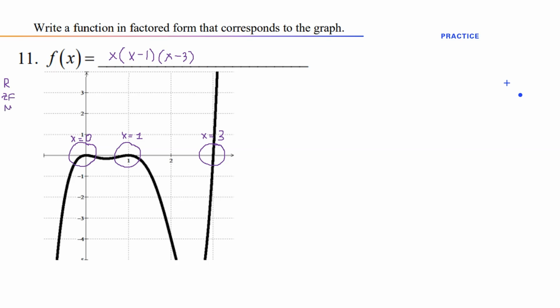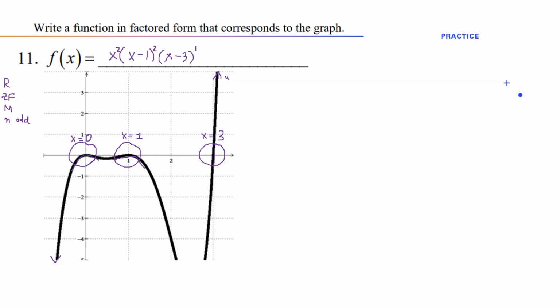Then we find the multiplicity. This one touches and bounces back, so x squared. This one touches and bounces back as well, so another square. This one goes straight across, so it's to the power of 1. Now left end and right end are opposite directions, it means n is odd.